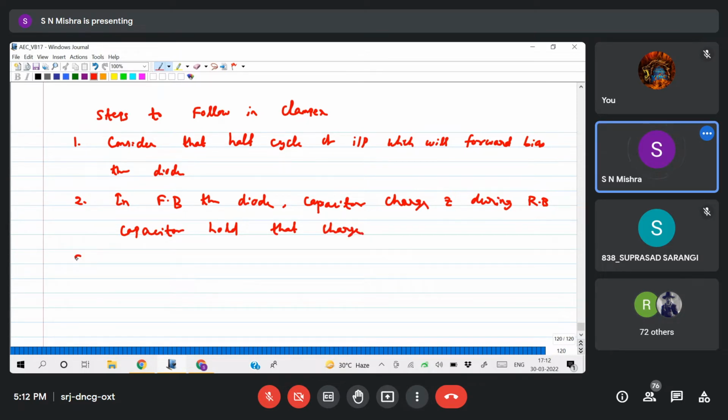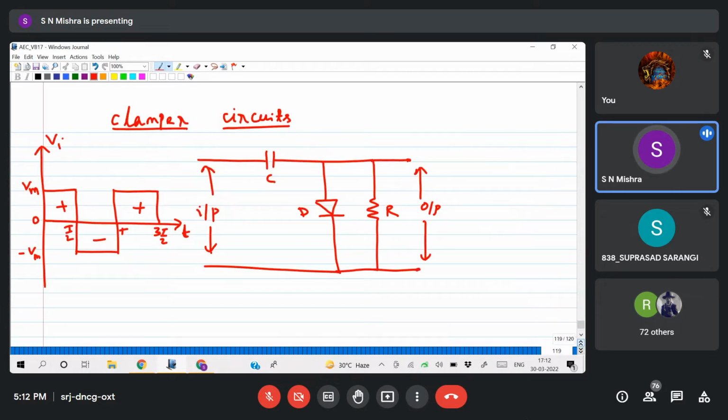That means when the diode is forward biased, current will flow across the diode and the capacitor will charge. And for the opposite half cycle, the diode is off, meaning the capacitor will hold that charge. You have to assume that.